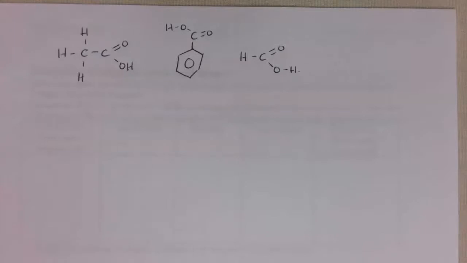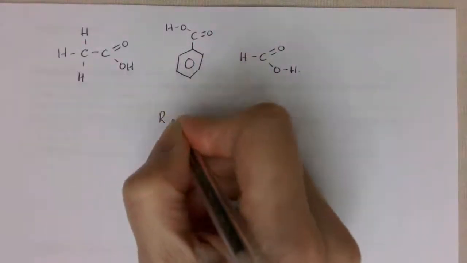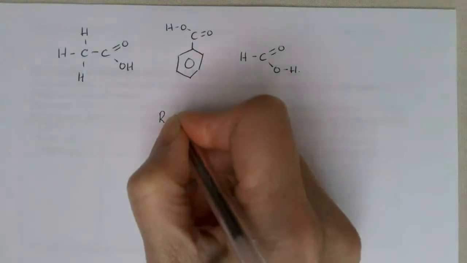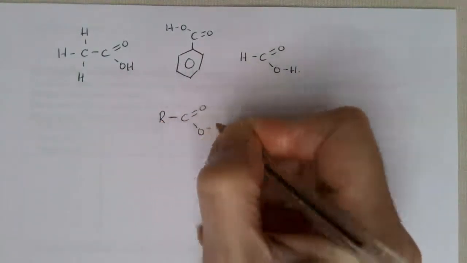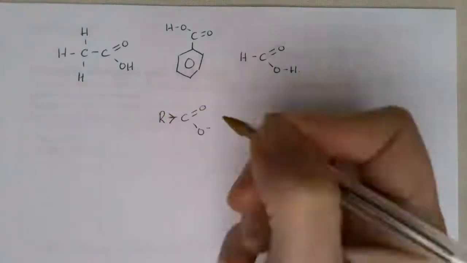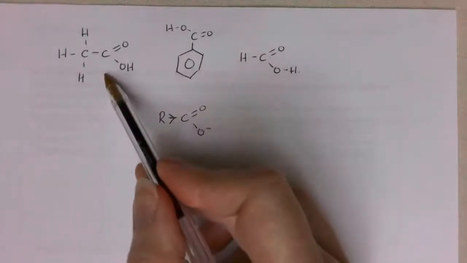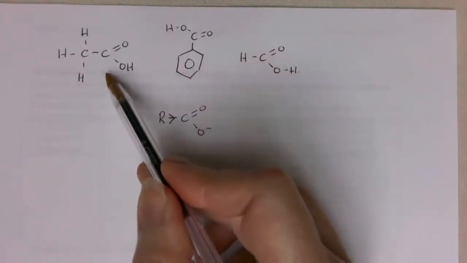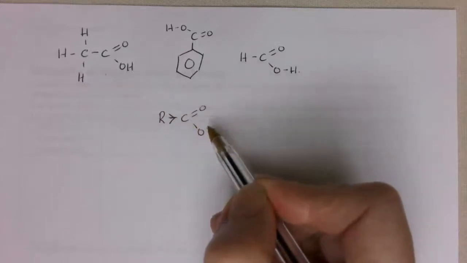Let's consider the first three of these: ethanoic, benzoic, and methanoic acid. If we remember back to something we've studied many times before, the effect of the R group, the methyl group. Methyl groups are weakly electron donating, and they will donate electrons whether you like it or not. In the case of ethanoic acid, you've got this R group which is weakly donating electrons.